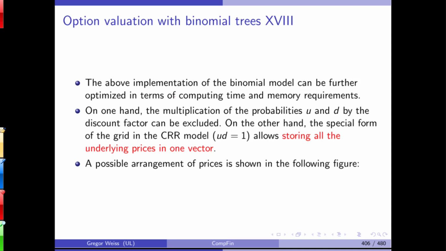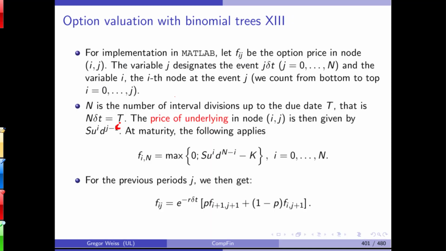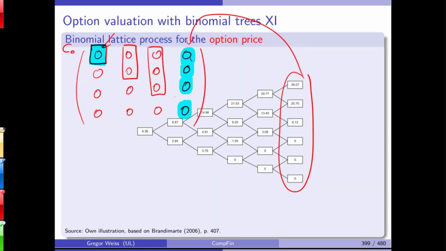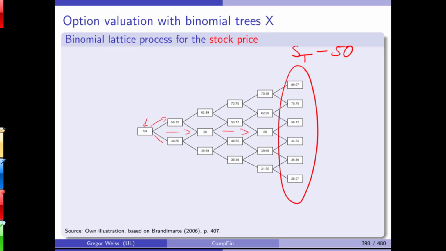On the other hand, this grid takes a very special form, and you might have noticed this here actually. $50, the same here. That's the same here. And so on. So the values, the future outcomes of the stock price are actually the same if you go 2 up and 1 down, or 1 up and 2 down, or in any other combination.